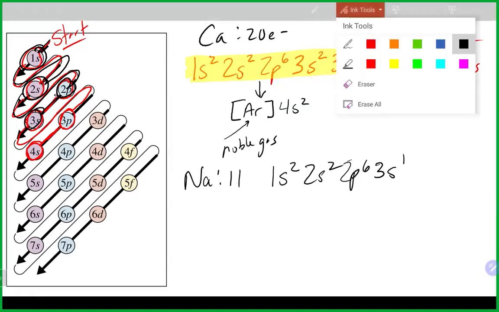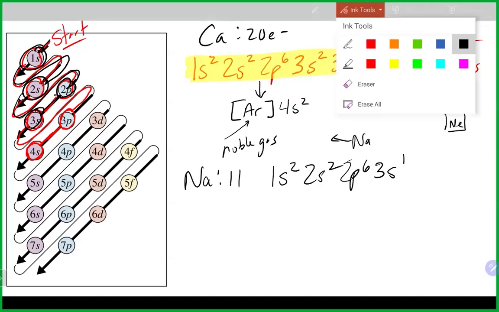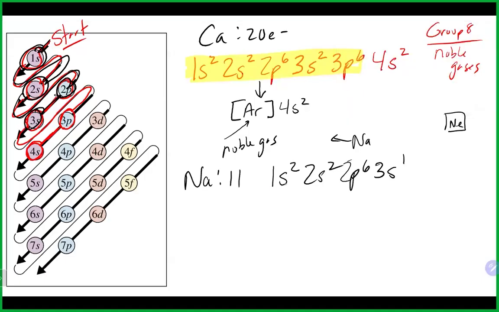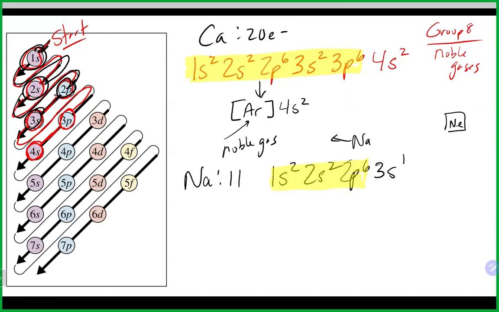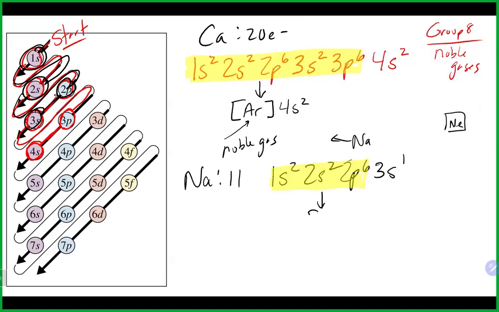Once again, if we look at where sodium is on the periodic table, right about here, we go backwards to the noble gas over here in group 8. It is neon. And neon is what atomic number? Number 10. That means this part of the configuration that counts up to 10 electrons is equal to neon's configuration. So you could shorthand this as neon and 3s1.